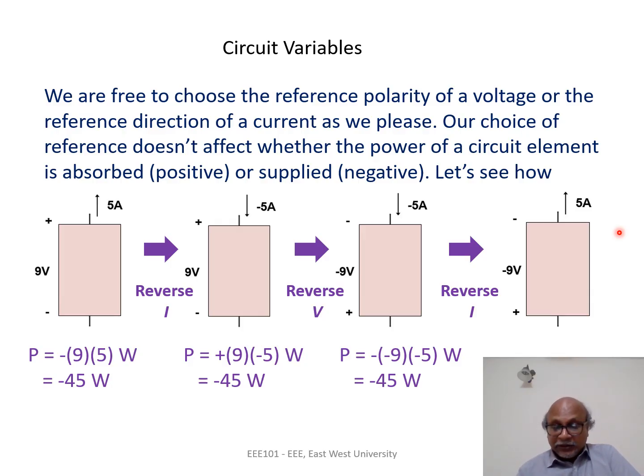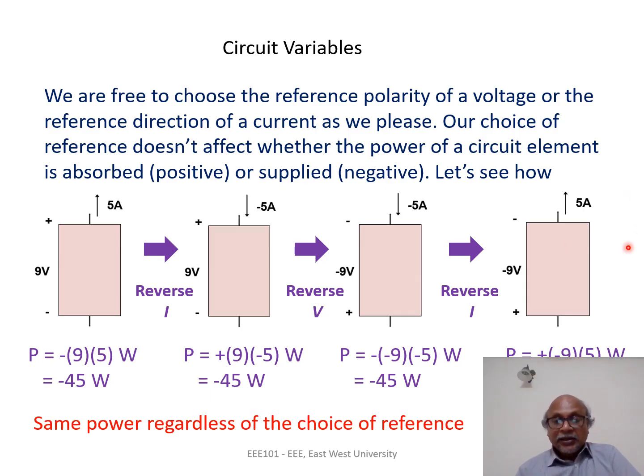So P is plus VI. We start with plus, the voltage is minus 9 volts, the current is plus 5 ampere, and again the power is minus 45 watts. So in all the cases, regardless of our choice of reference, we get the same power.